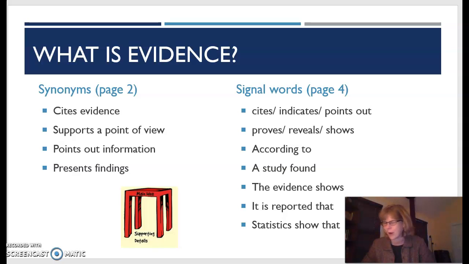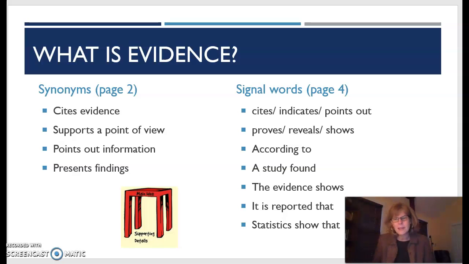And then we find more expressions. According to the study, a study found, the evidence shows, it is reported that. All of these are really good expressions that signal to you, here comes some evidence.